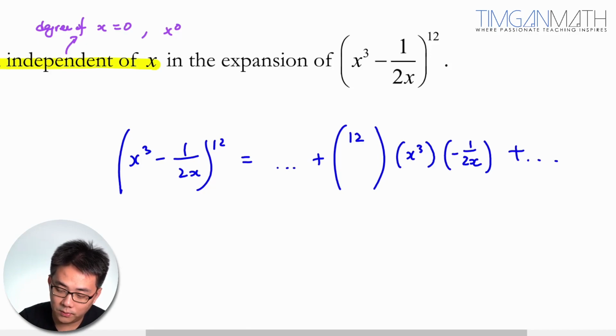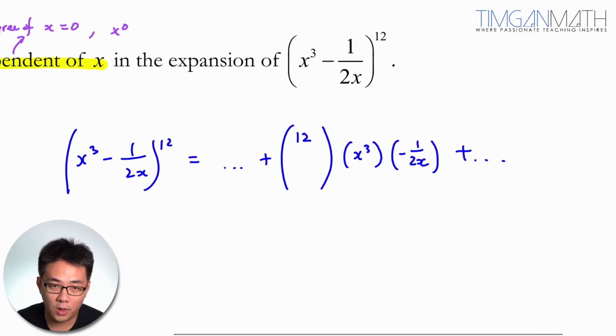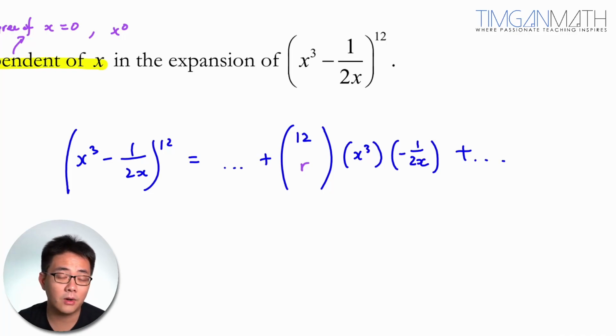Now we're going to find the general term of the expansion. Each term could be expressed in this form, to the power 12, and you could put an r here. You could put the r on either one, it doesn't matter, you just pick one. The answer will be the same, just that the r that you solve will be different, but eventually you get the same term independent of x.